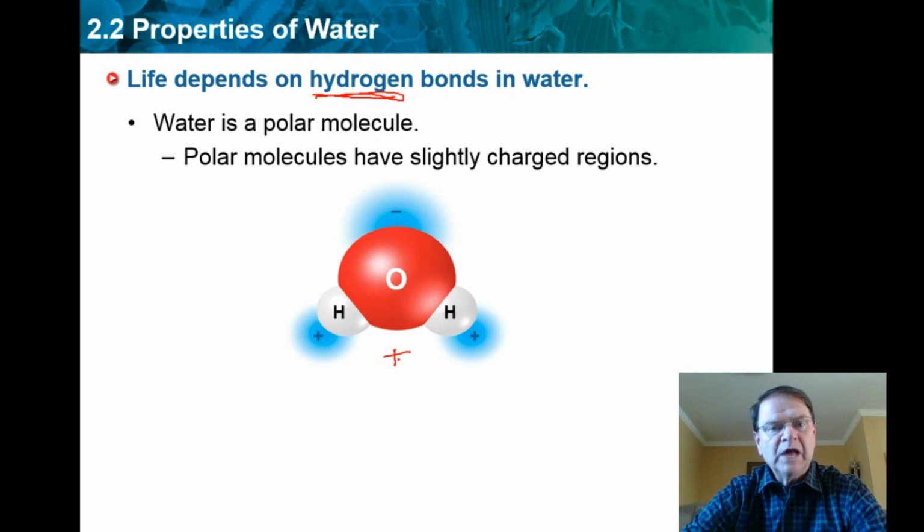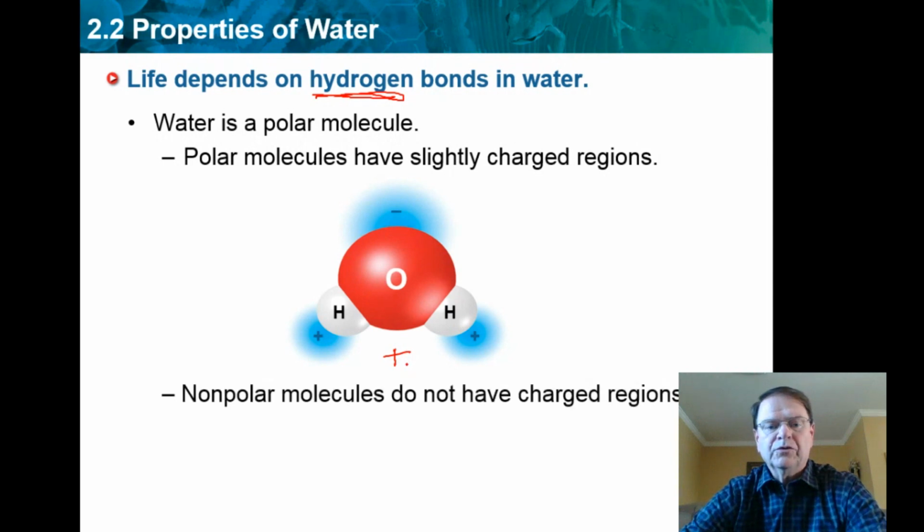And they're very slight, and so therefore hydrogen bonds are relatively weak, but they are still significant. Although they are easily broken, they still play a key role in how water interacts with all the other kinds of molecules and elements that we find on the Earth. It goes without saying, but I must state it, that non-polar molecules don't have these same charge regions.